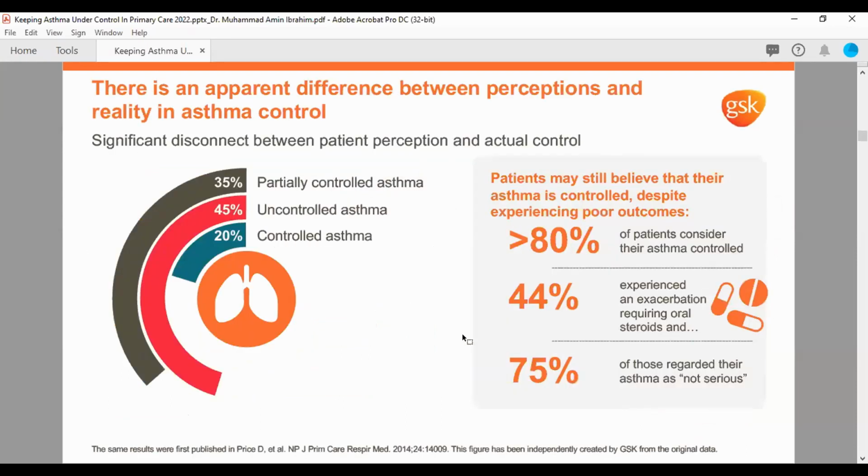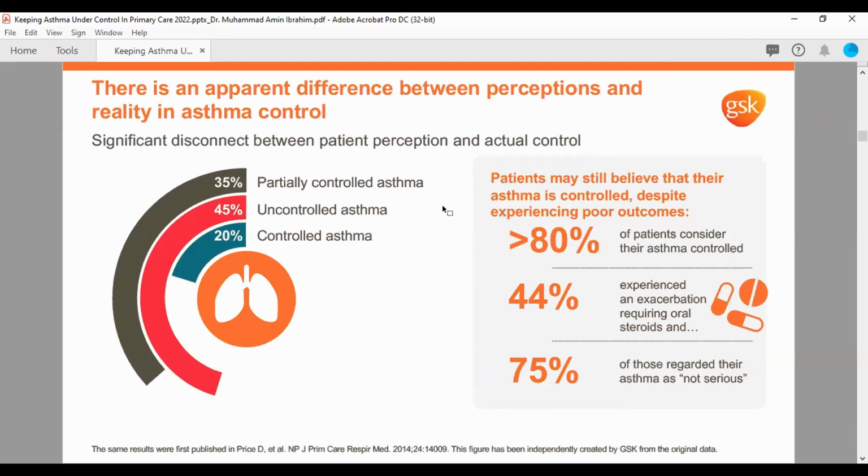So in this study, we look at 8,000 asthma patients in Europe. When we do the objective assessment, only 20% of these 8,000 patients have objectively assessed well-controlled asthma. So the rest, 80%, do not have good asthma control, either partially controlled or uncontrolled asthma.